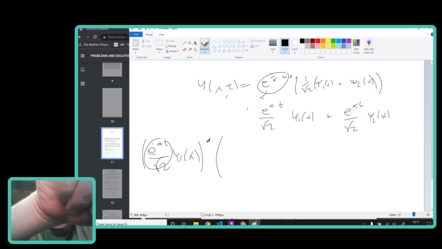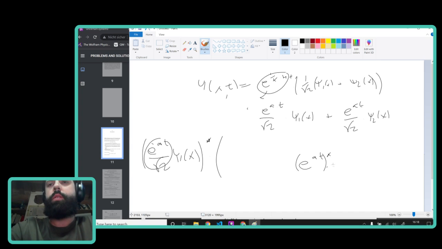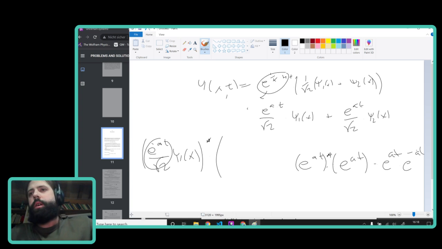That basically means it removes the t component, because if I do e to the A t, and I know that A is complex, then the conjugate of these times itself tells me it's e to the A t times e to the minus A t, and that means e to the power 0, which is 1, isn't it?